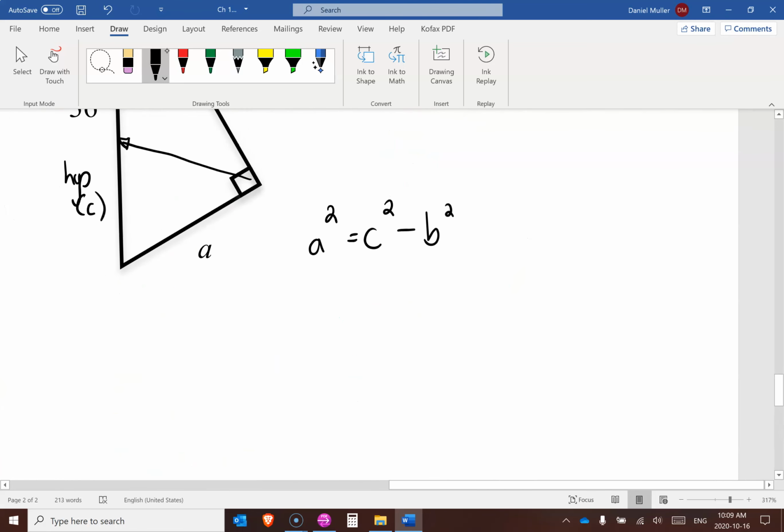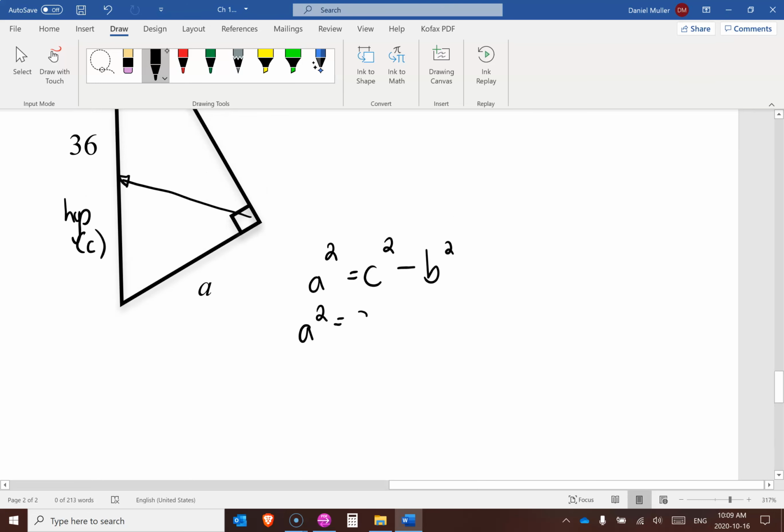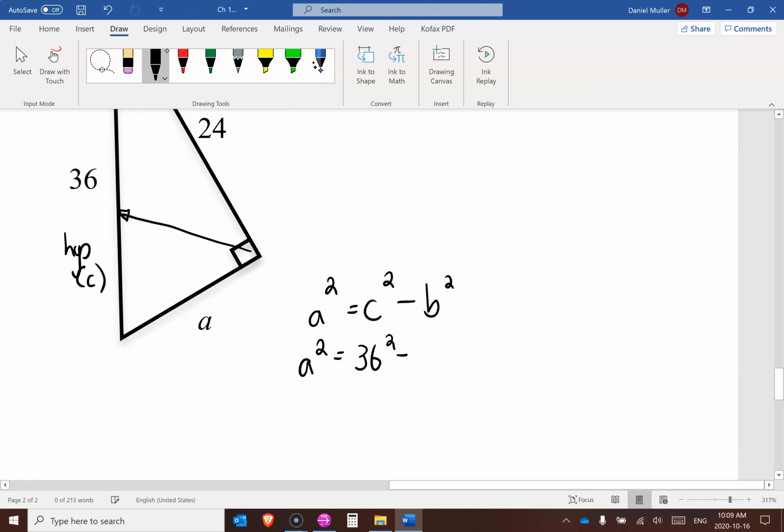So a squared, well, we don't even know what a is, so we can't do that. But let's start that out by going a squared equals c, what is c, 36, minus b, 24. Okay, so both of those I don't actually know off the top of my head. 36 times 36.